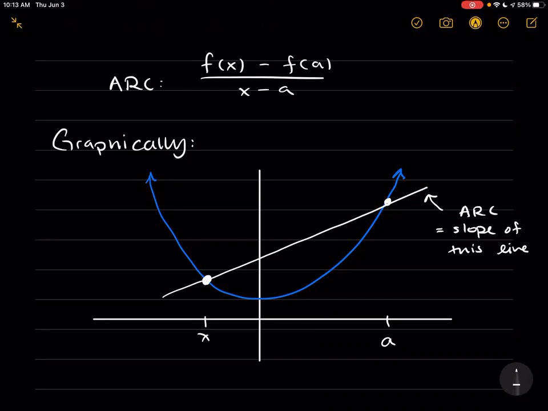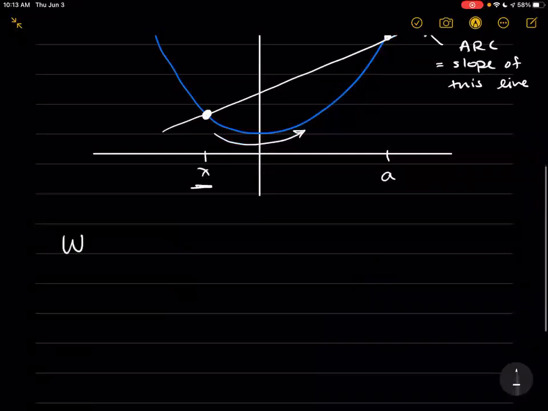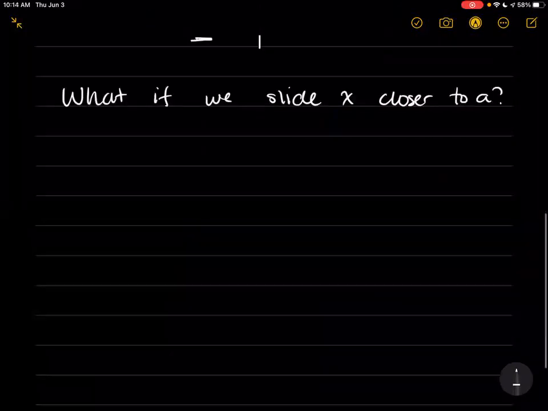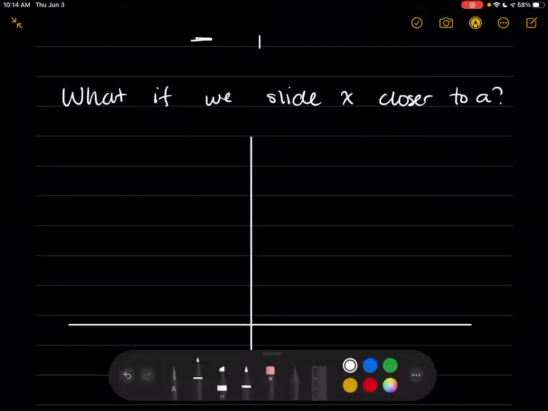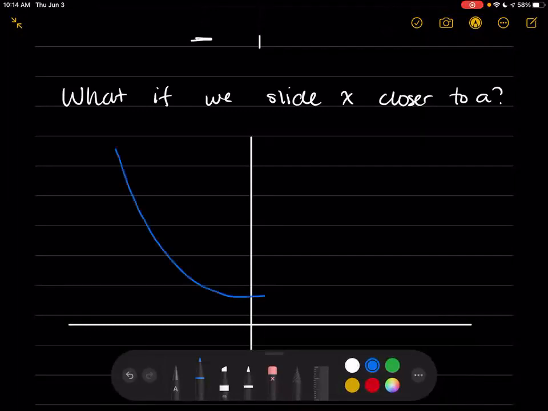But what if we were to take x, this x right here, and we were going to slide it closer to a? So we can draw a picture of what that would look like if we did that. So our a was like maybe about right here.